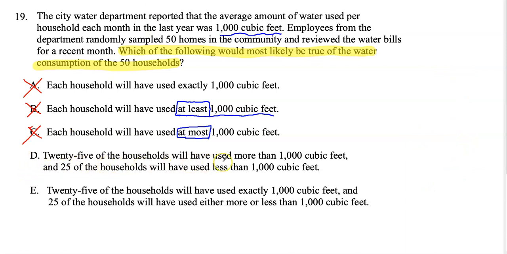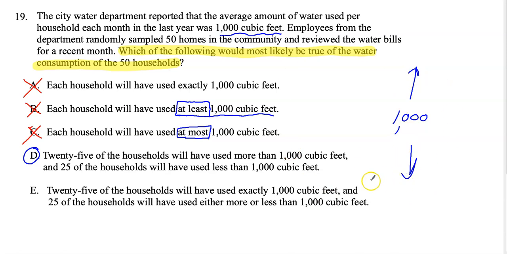"25 of the households will have used more than 1,000 cubic feet, and 25 of the households will use less than 1,000 cubic feet." This makes the most sense to me because it says which of the following would most likely occur. So this is saying you have some above 1,000, right? 1,000 is the average. You have some above 1,000 and some below 1,000.